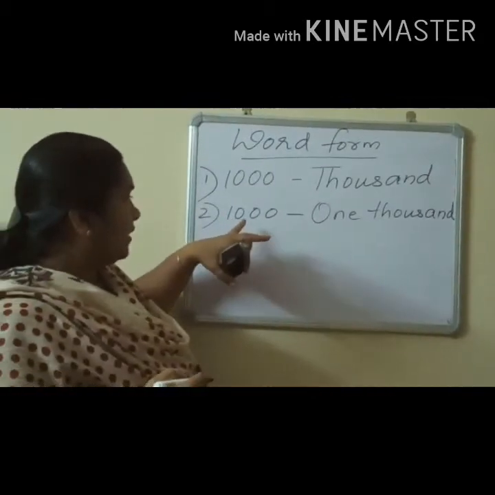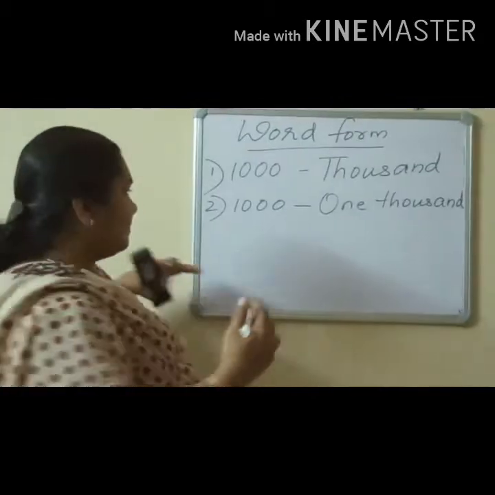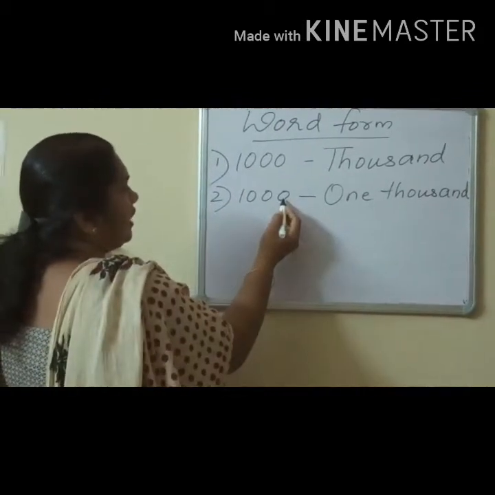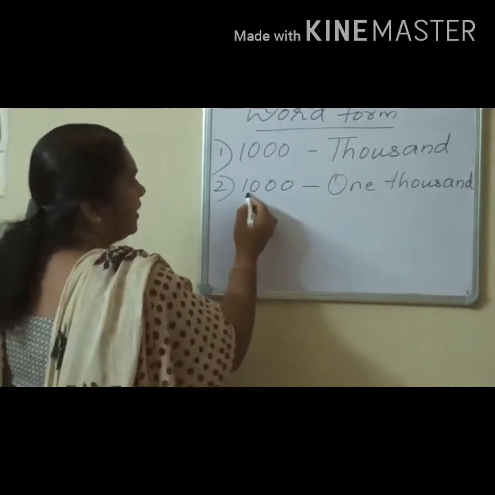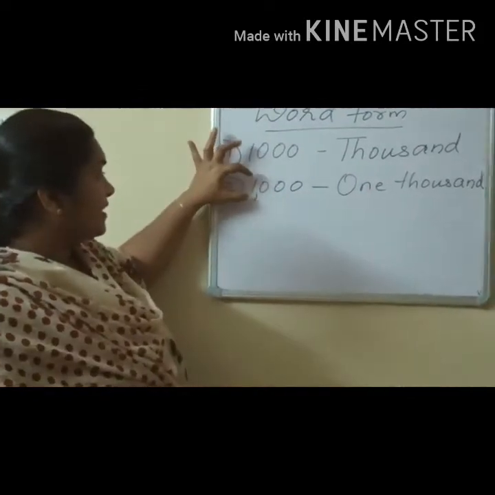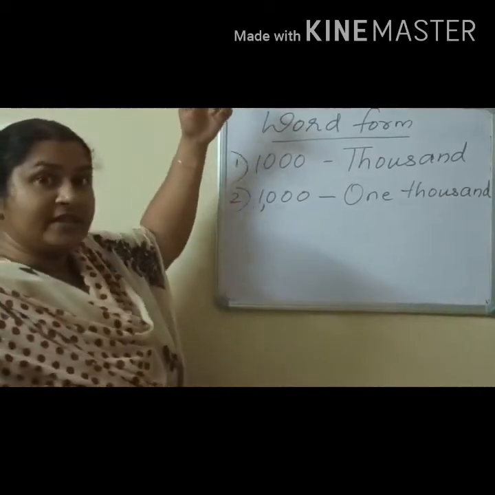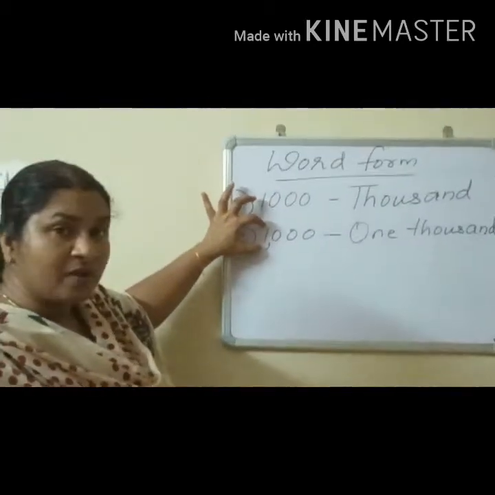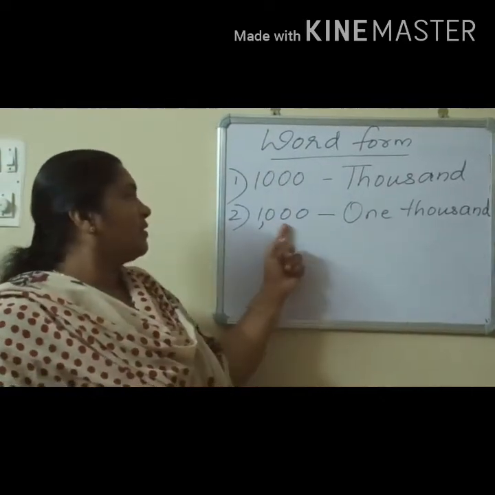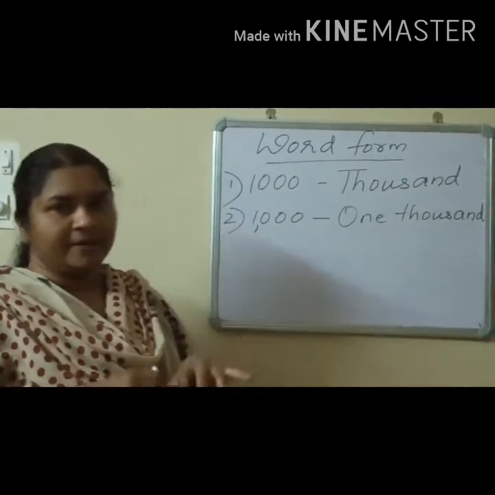So, for easy reading, we can put a comma after the hundreds. Ones, tens, hundreds, after that it's clear that this is in the place of 1000. So 1,000. Nothing is here, so nothing more to be written here.